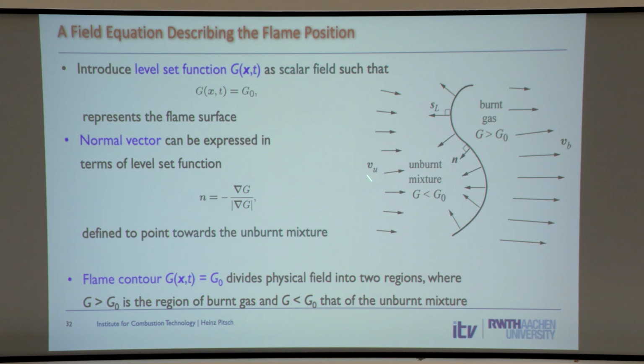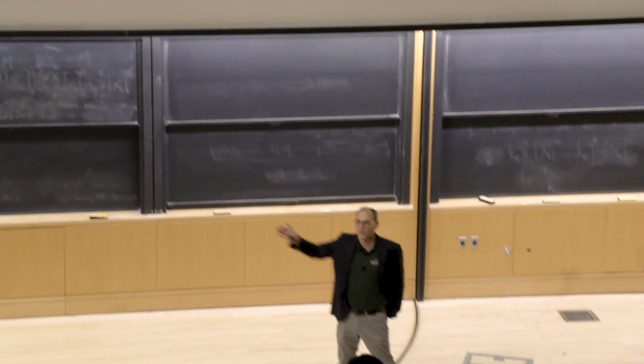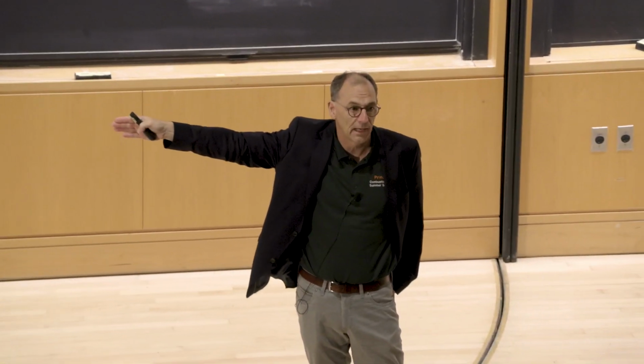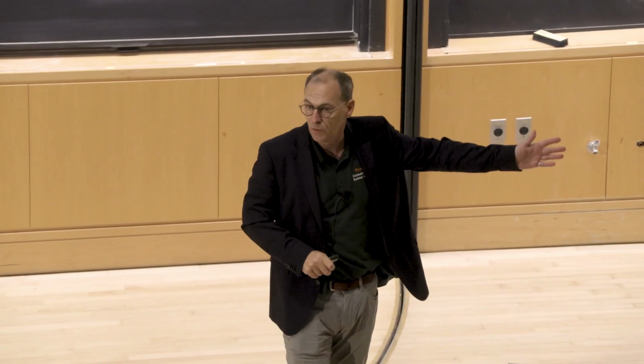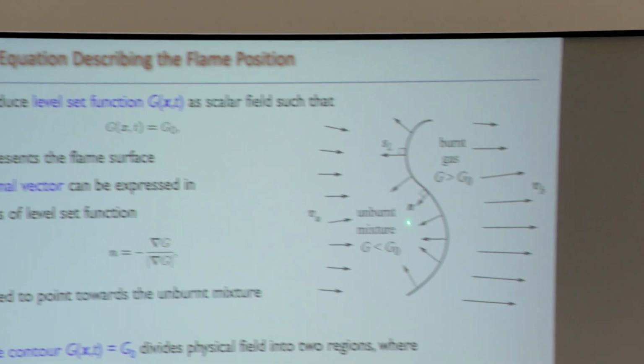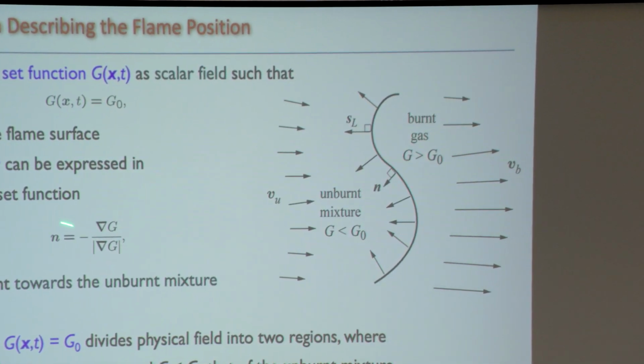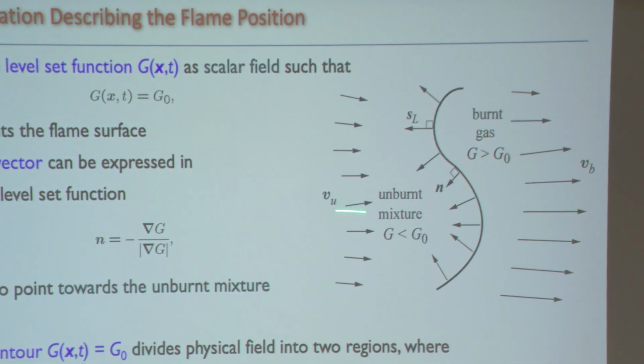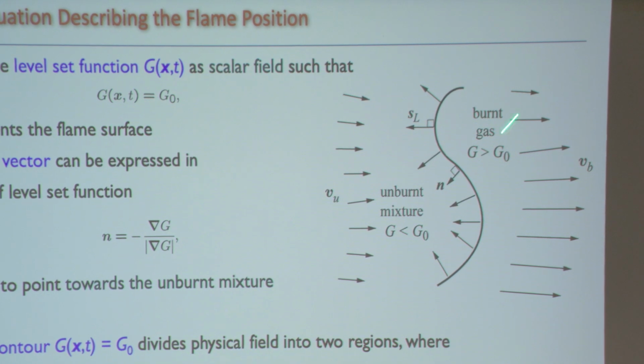And then there's also an arbitrary choice. The normal vector is normal to the flame, but it could point either towards the unburnt or towards the burnt. We want it to point towards the unburnt. Again, it's a choice, and that's why we have the minus sign here, because the gradient goes in the other direction.